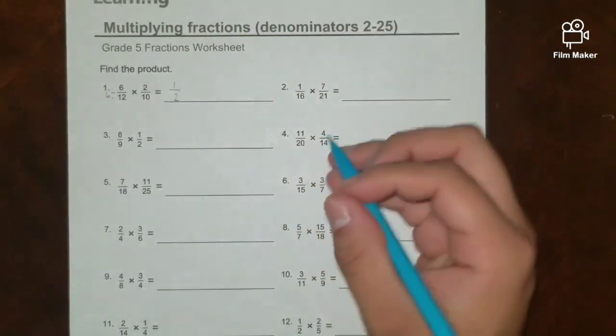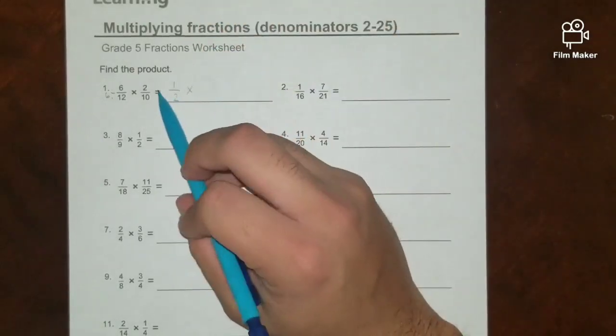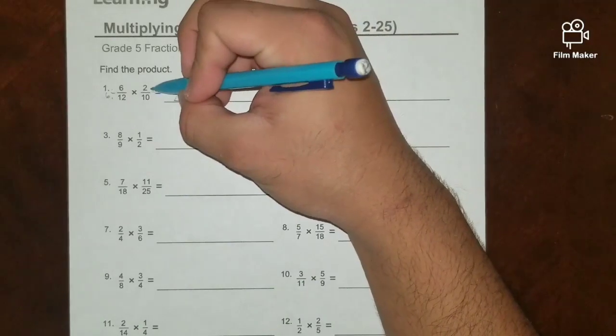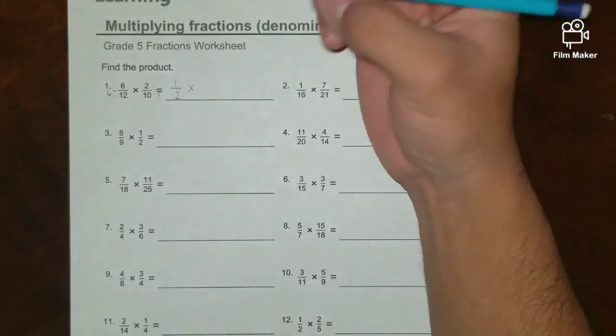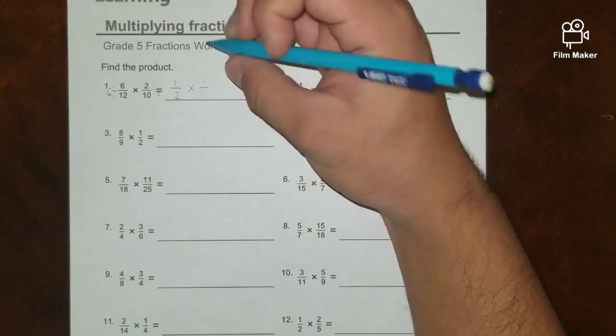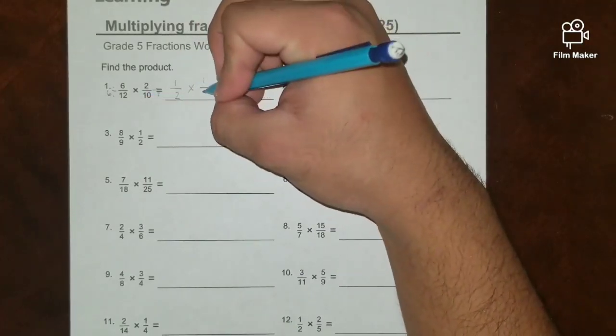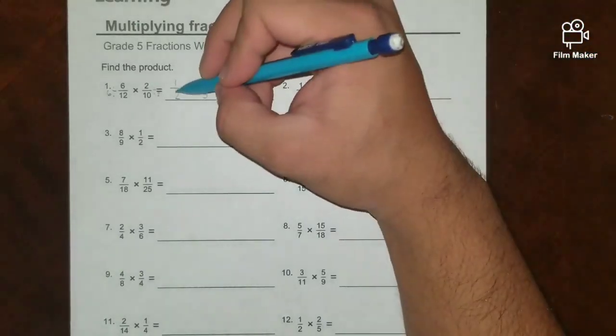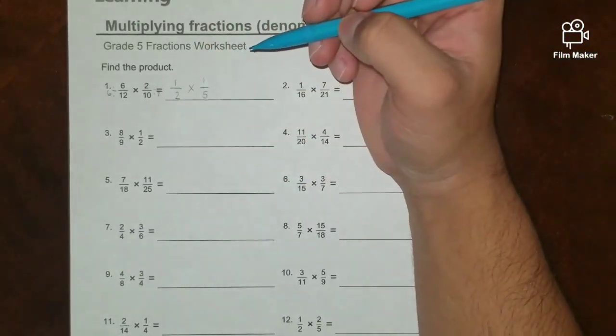So we'd have 1 over 2 times, and since these are also even numbers and multiples of 2, we can take 2 out of this one. And we have 2 into 2 would give us 1, and 2 into 10 would give us 5. So now our new fractions would be 1 over 2 times 1 over 5.